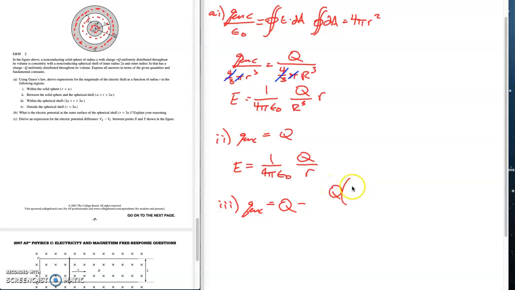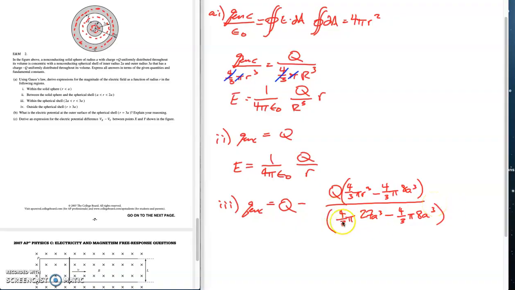Q, and then we're going to have 4/3 pi r cubed minus 4/3 pi, that's 2a, so that'll be 8a cubed, over the total volume, which is 4/3 pi, well, that'll be 3a, so that'll be 27a cubed minus 4/3 pi 8a cubed.